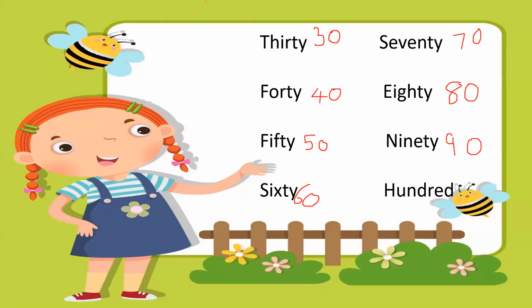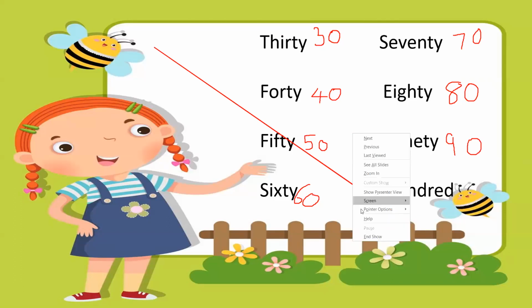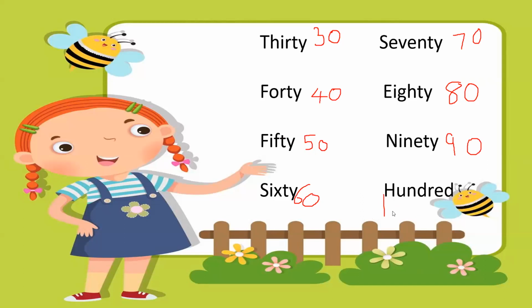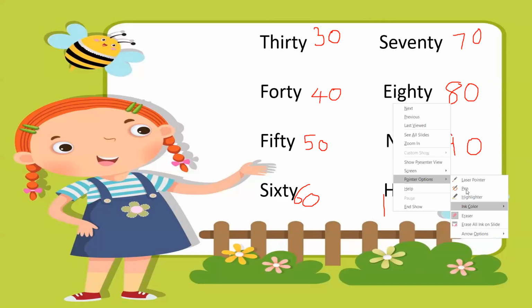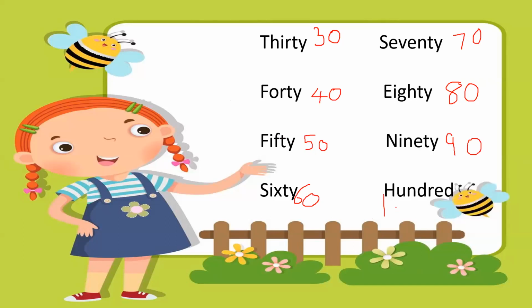How to write number 100? 1, 0, 0, sorry. Okay, repeat the spelling, 100. Hundred, 100. Yes, Noor.